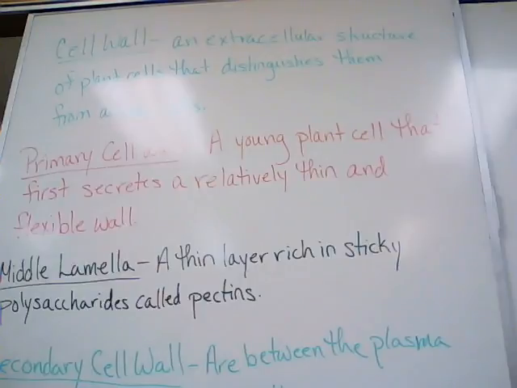A young plant cell first secretes a relatively thin and flexible wall called the primary cell wall. In actively growing cells, the cellulose fibrils are oriented at right angles to the direction of cell expansion, possibly affecting the growth pattern.